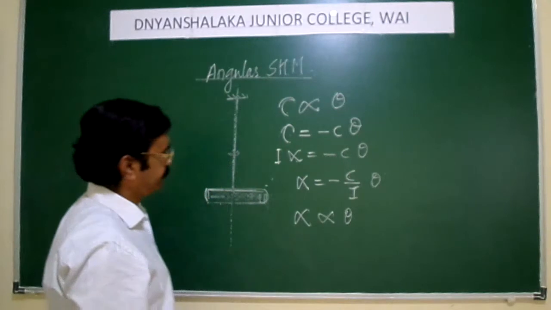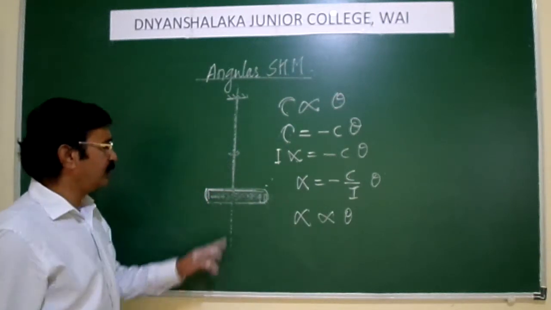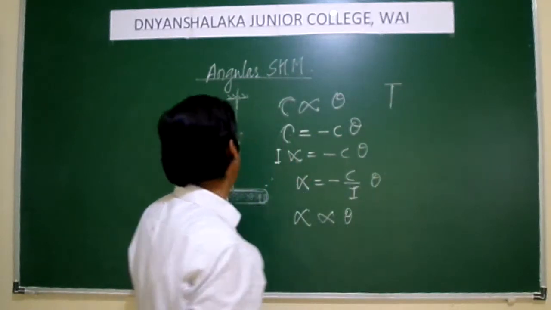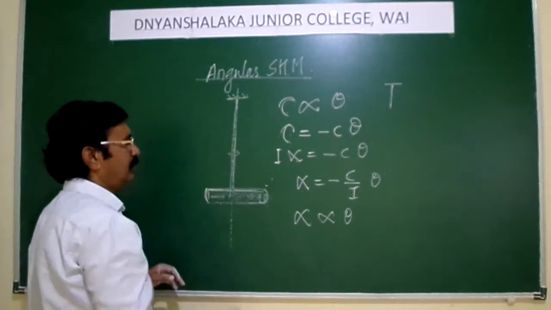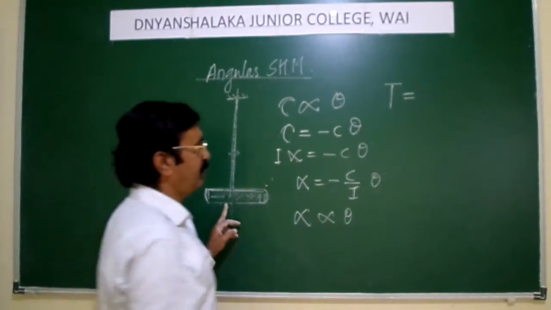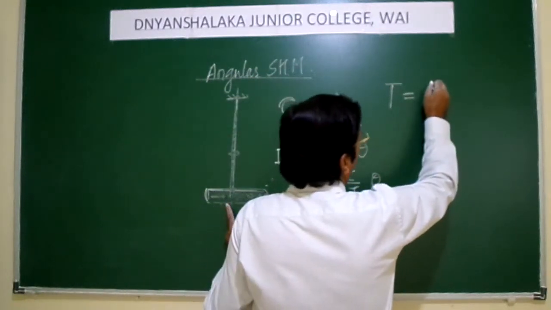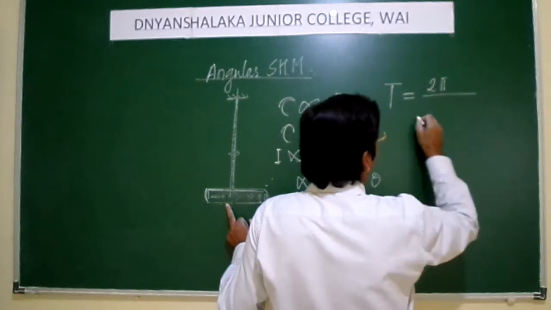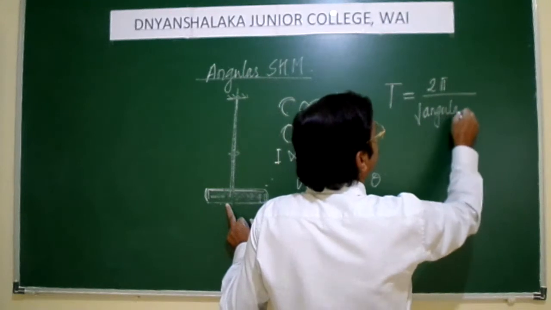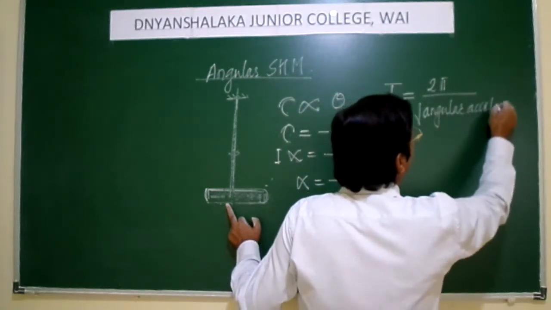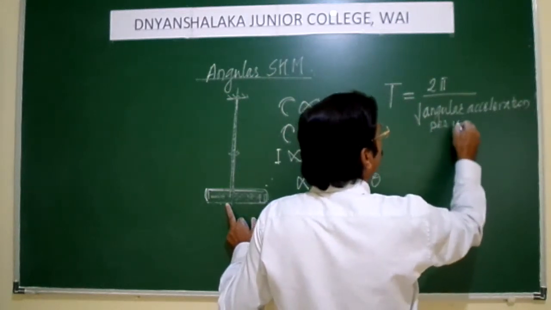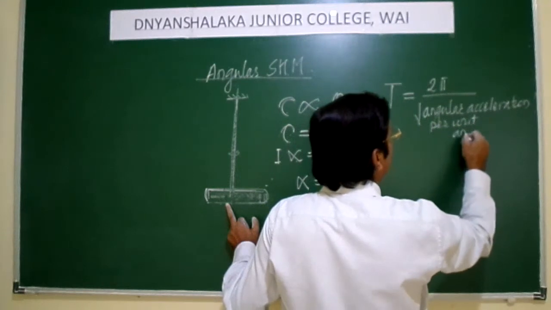Now in this case, if you want to find out the period of the rotating disc, the angular pendulum, the period of the angular SHM will be 2 pi upon under root of angular acceleration per unit angular displacement.